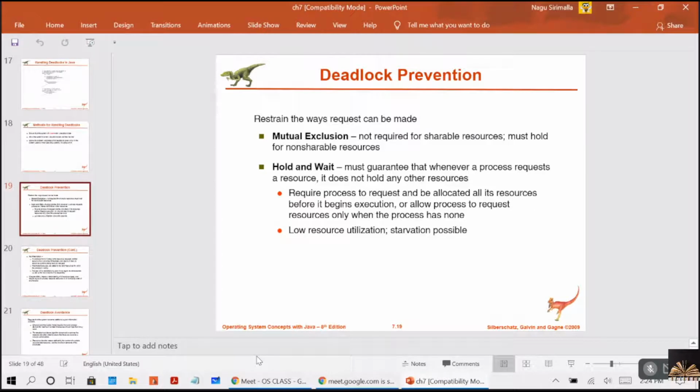Why starvation? A process wants some 15 resources. It should not start until it gets all the resources it is requesting. That means it should wait a longer time to get all the resources to start the process. So these are the two drawbacks with hold and wait.